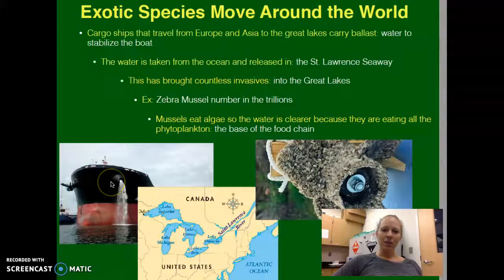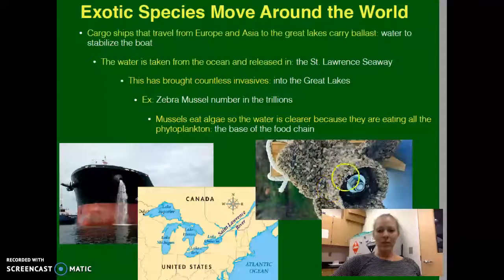Then we get to the St. Lawrence Seaway, which is just here, and you can see how all of these lakes are connected to one another. If you bring something in through the St. Lawrence Seaway, it'll eventually make its way through all of the Great Lakes, which is what we're starting to see happen. This ballast water has been drained into the St. Lawrence Seaway for years and years, and it has brought countless invasives into our Great Lakes.